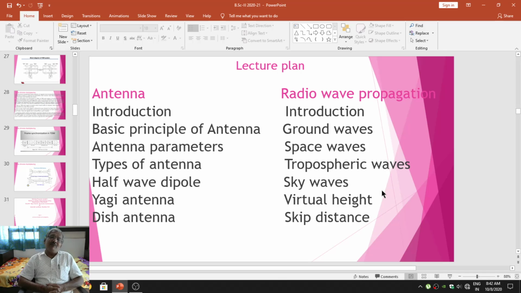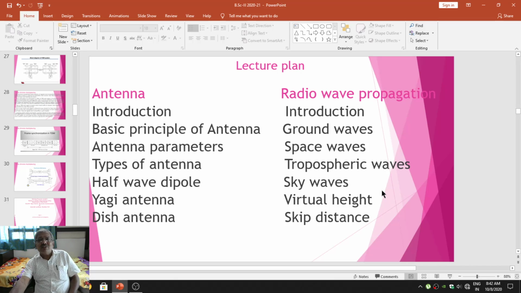Then especially we are going to study the concepts of virtual height and also the skip distance, that play a very vital role in the propagation of radio waves by means of especially sky waves.